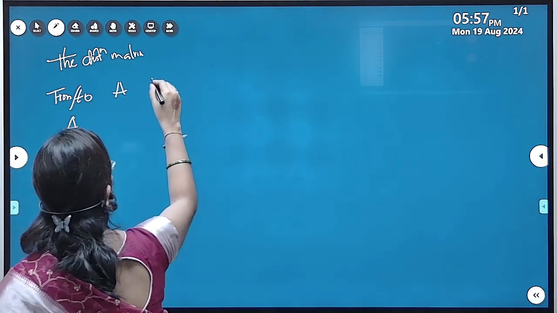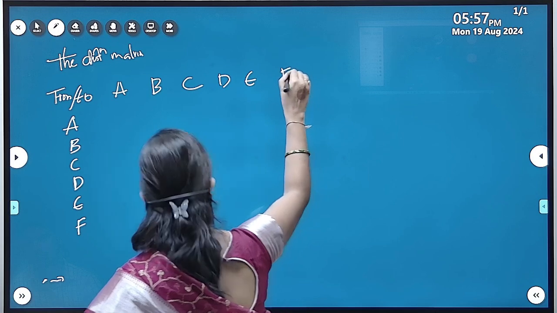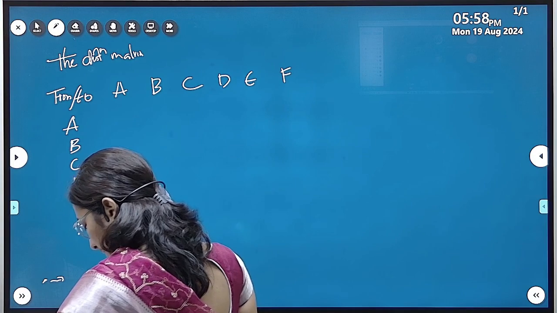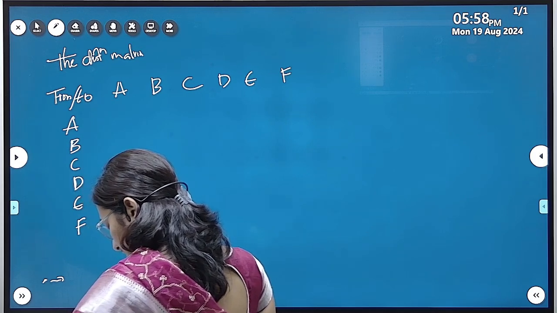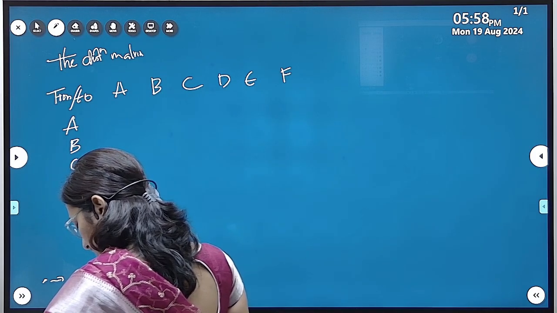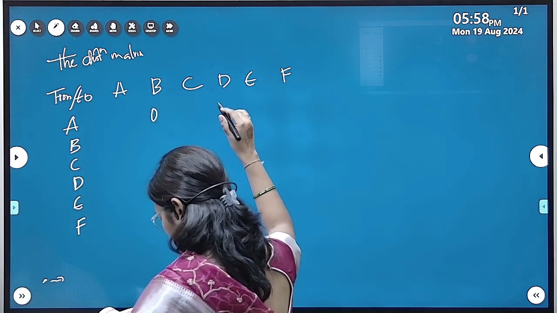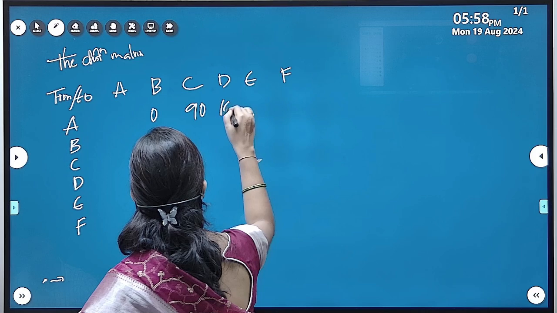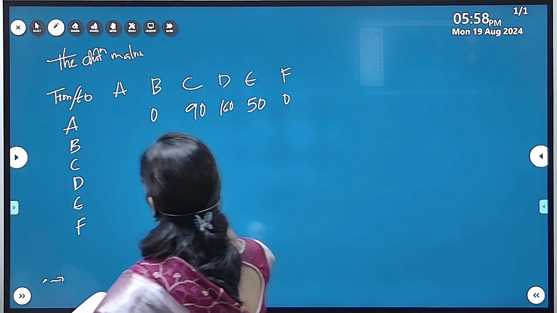A, B, C, D, E and F. Tell me what they have given in the question. From A to B department, is there any layout? No. A to A there is no layout, and A to B is 0. A to C 90. A to D 160. Tell me 50.